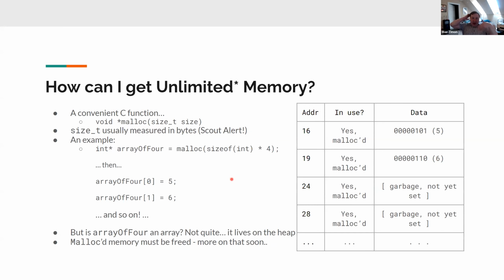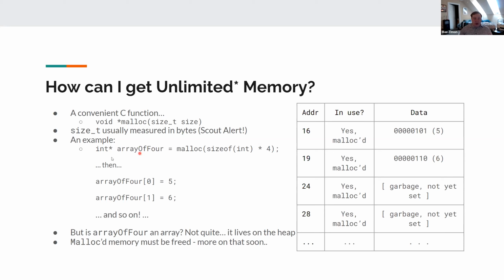So let's take another look at how exactly this works. Remember that this is an array, sort of, that lives on the heap, and that the memory has to be freed. Well, here's the allocated memory. Suppose now that these addresses 16 to 28 are on the heap, not on the stack. All we do is we say that they've been allocated. We don't say what variable because we don't know.